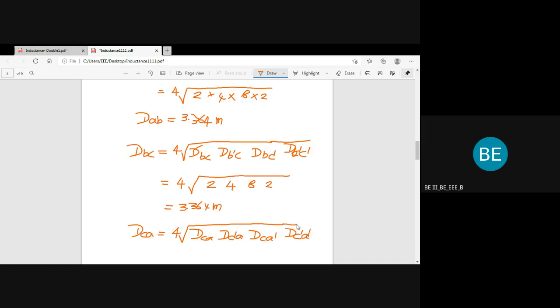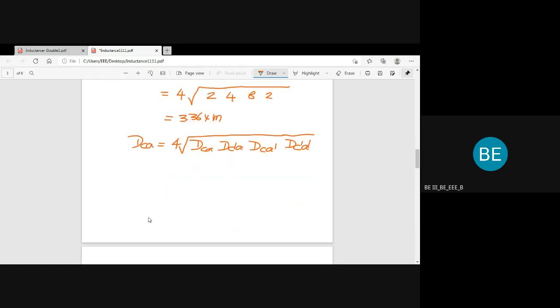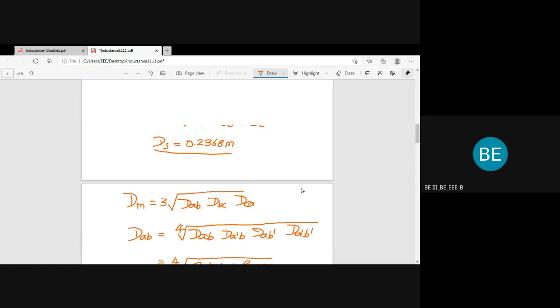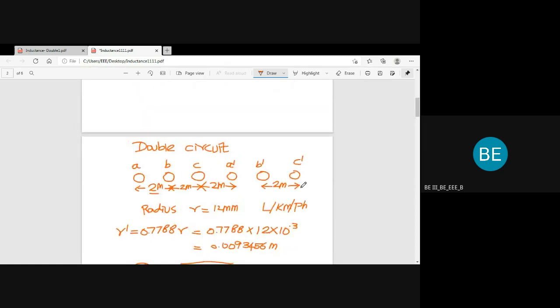So we have to find the distance for CA, C dash A, and all those. So just go to the diagram. We are going to find the distance between the C and A conductors. So the distance between C and A will be 4 meters. Similarly, C dash to A dash will be 4 meters.